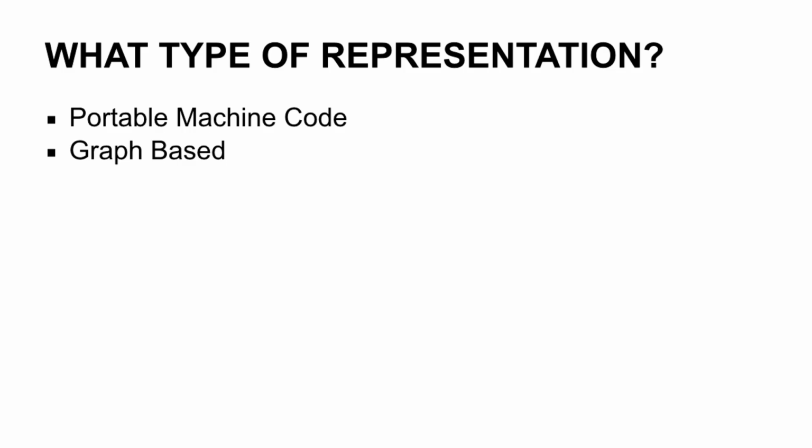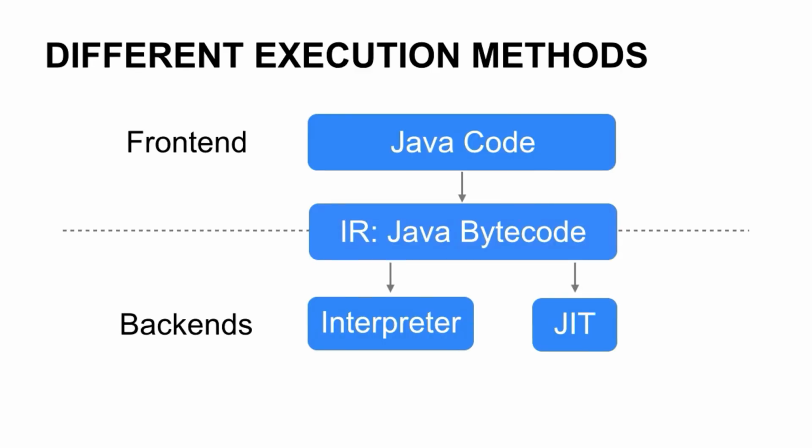Java, of course, uses bytecode, which is a form of portable machine code. To make it efficient to interpret, it's basically linear in nature. But more sophisticated optimizations would require a graph-based intermediate representation. Unfortunately, graph-based intermediate representations are slow to traverse, so that's not what we start with. Specifically, when Java was first created, it only had an interpreter.